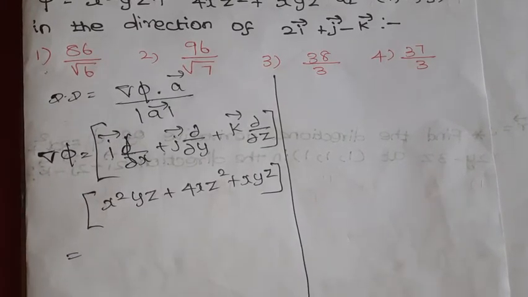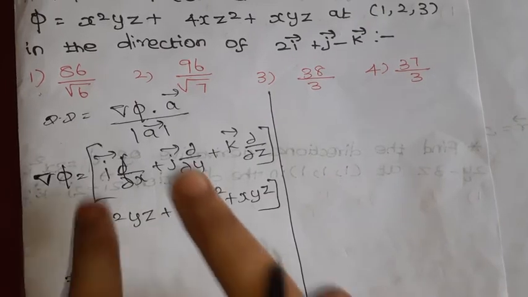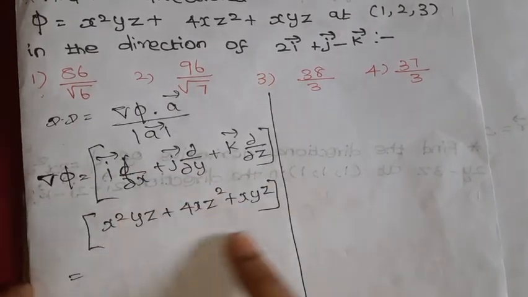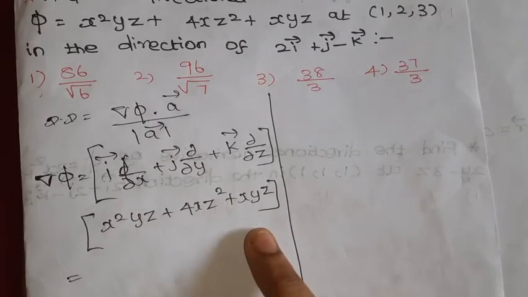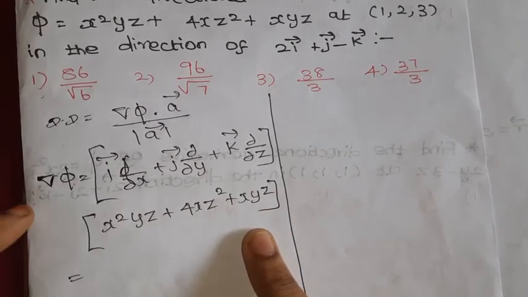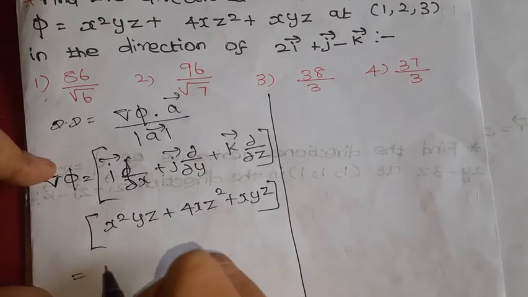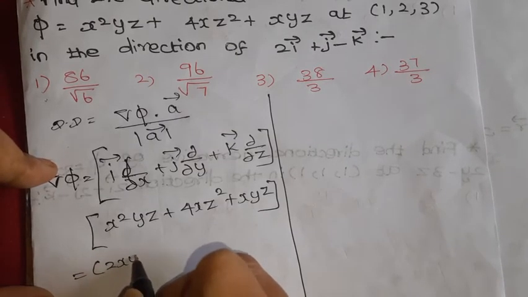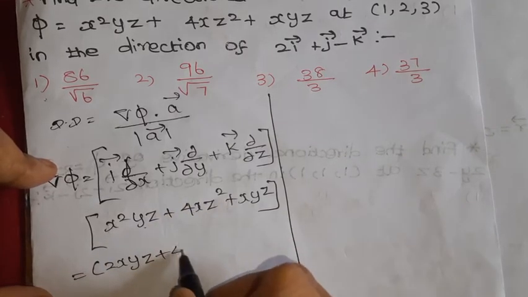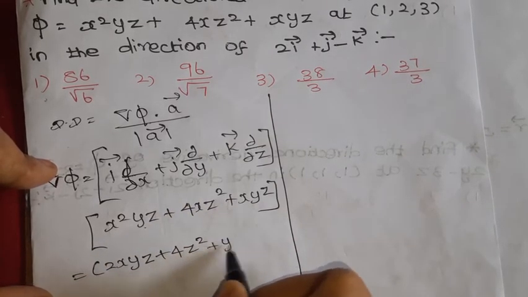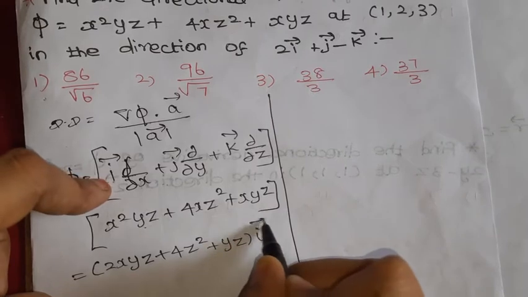Okay. So dou by dou x of this whole term, what will we get? See here, 2xyz, right? 2xyz, then here plus 4z squared plus yz into i.